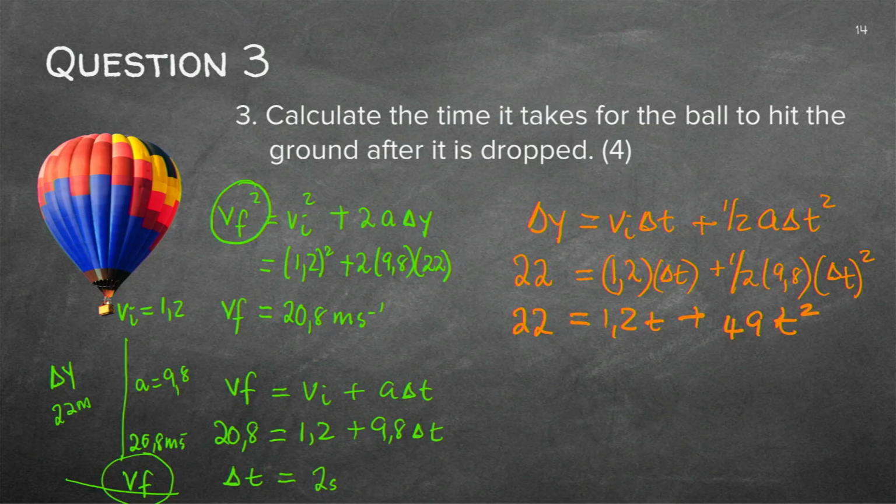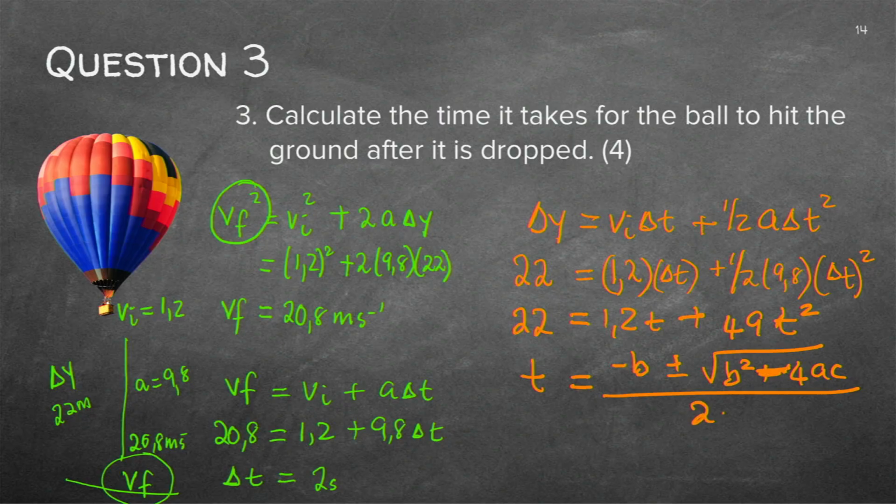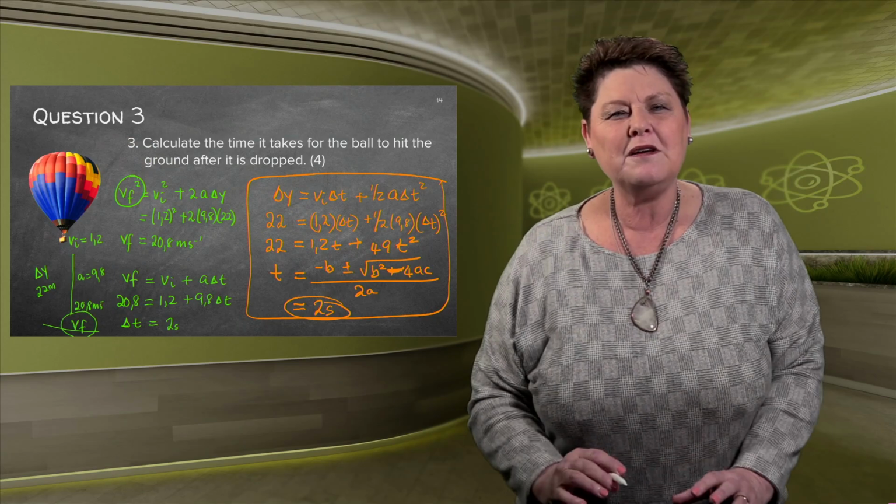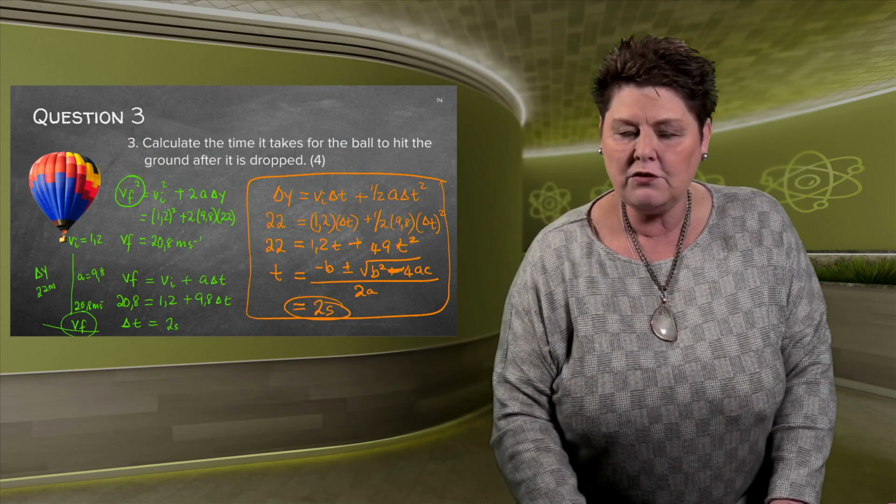And if you now go and put that into your math equation, which you now know by heart because you've done a lot of math, now that would be minus b plus or minus the square root of b squared minus 4ac over 2a, you will find a value of 2 seconds. Now, if your math is strong, please do it this way. Do you see you find the same answer? If you've got a little bit of uncertainty with math, go the other route.